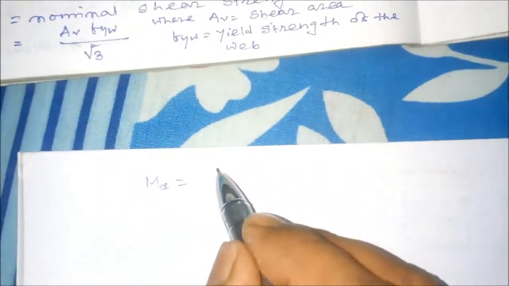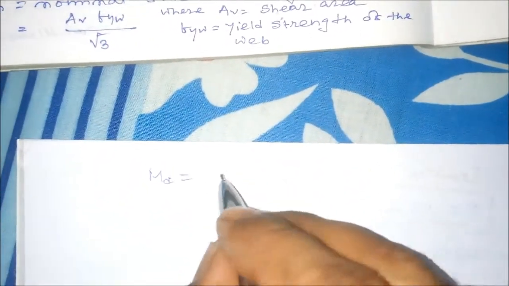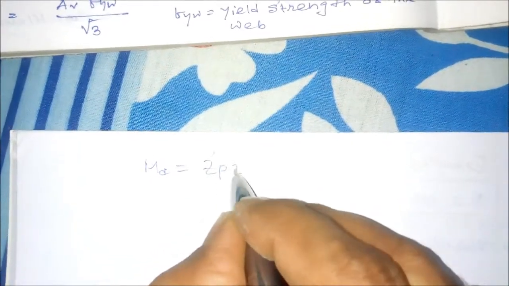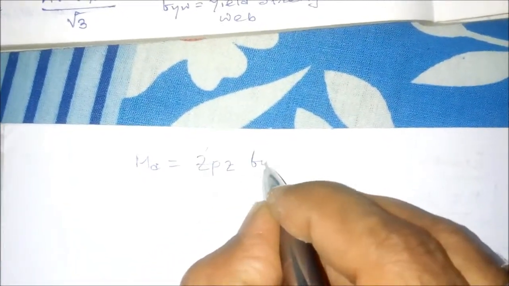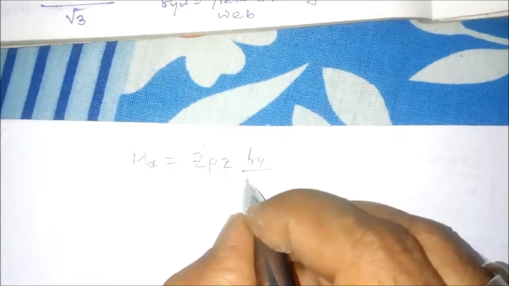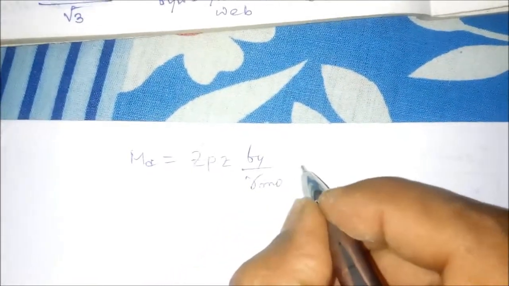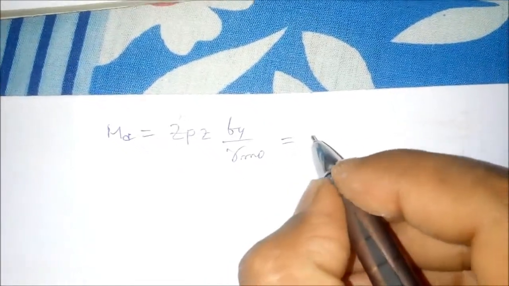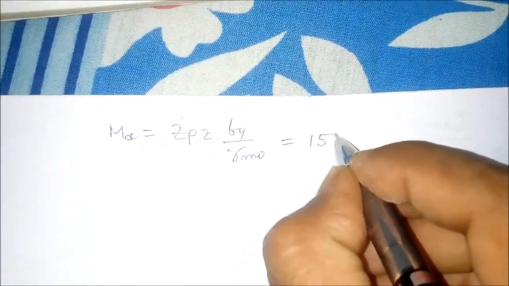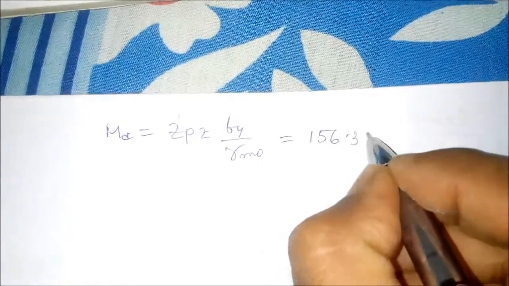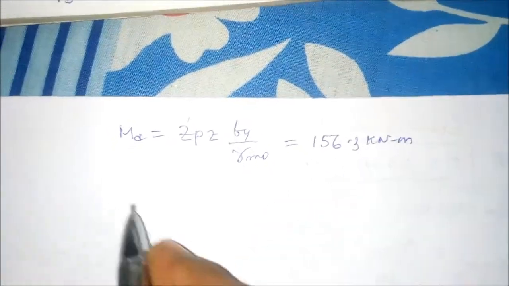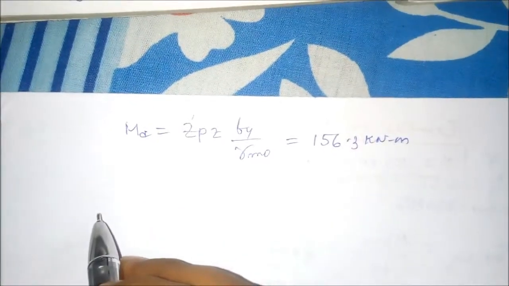This equation is Zpz Fy divided by gamma m0, right? So all the values are known. Just put the values and you will get this value as 156.3 kilonewton meter after converting, right?